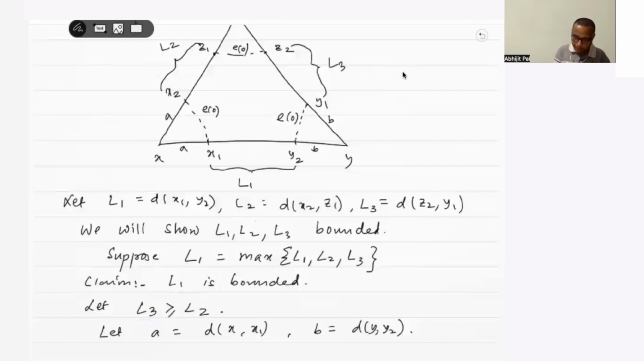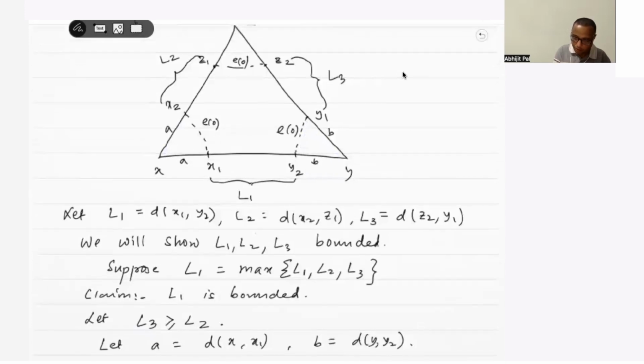Let us take A to be the distance between x, x1, which is equal to the distance between x, x2. B is the distance between y, y2, which is again equal to the distance between y, y1. And the distance between x1, x2 is equal to E0. The distance between y2, y1 is also equal to E0.